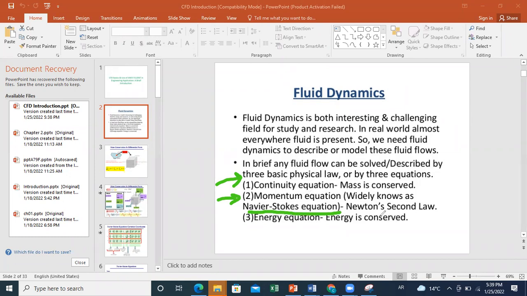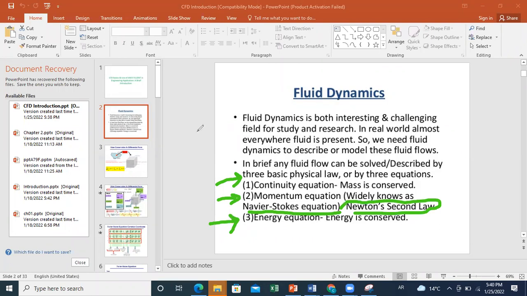They are based on writing Newton's second law for a certain control volume. And the third relation is the energy equation, conservation of energy. So you write the balance of energy for your control volume.